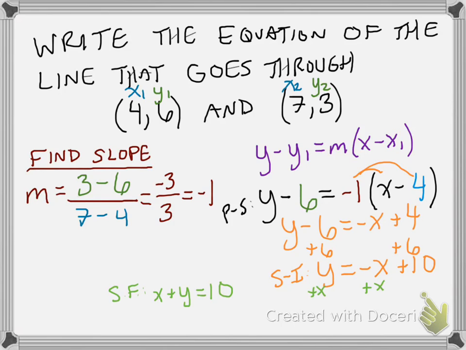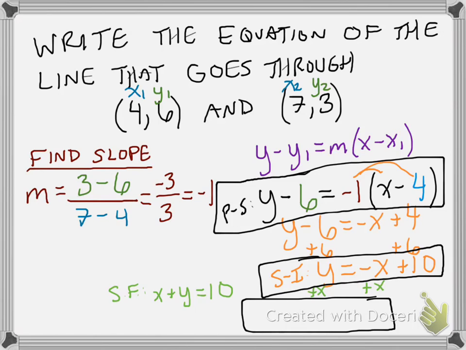Notice here there are no fractions. Notice the x is positive, and so it is in standard form. So we have our point-slope form, our slope-intercept form, and this box is supposed to be over the standard form, which is x plus y equals 10.